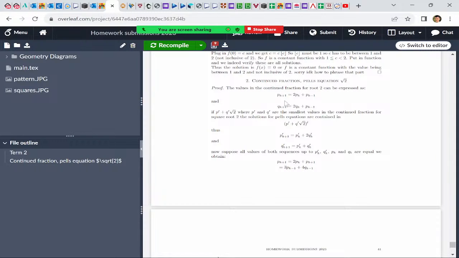So here you should define P1, Q1 to be 1, 1, right? And P2, Q2 to be 3, 2.